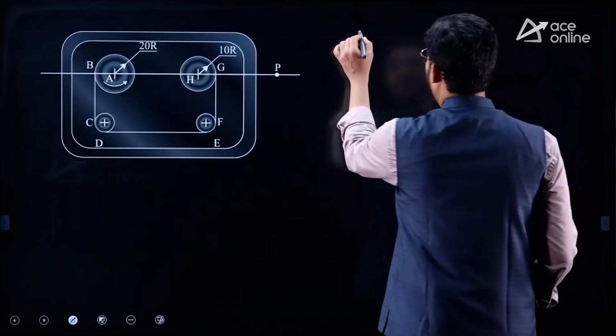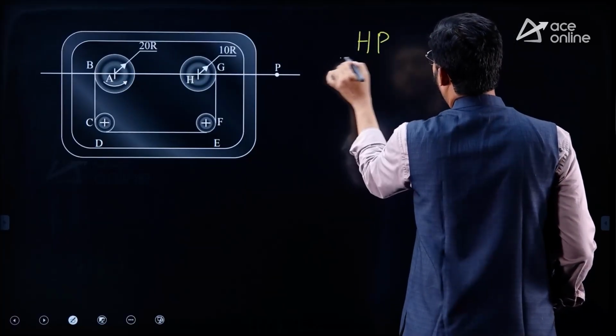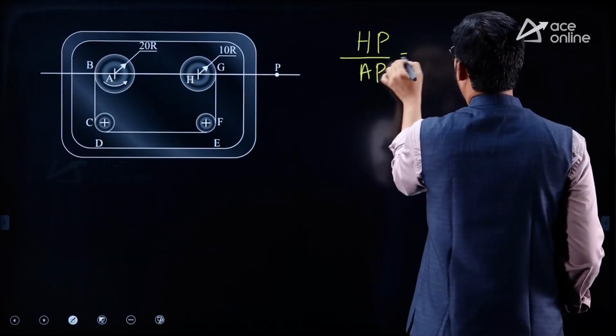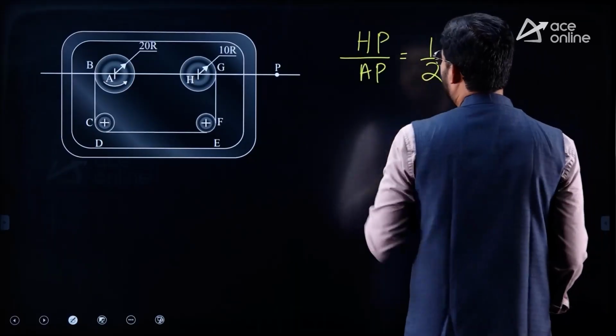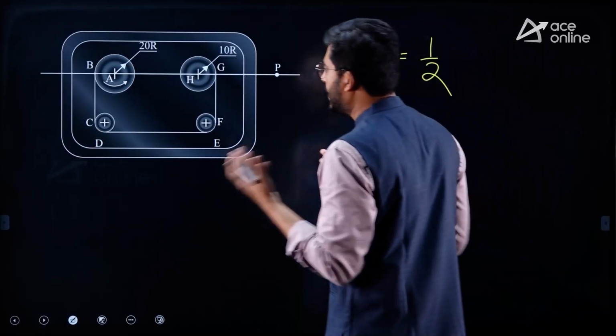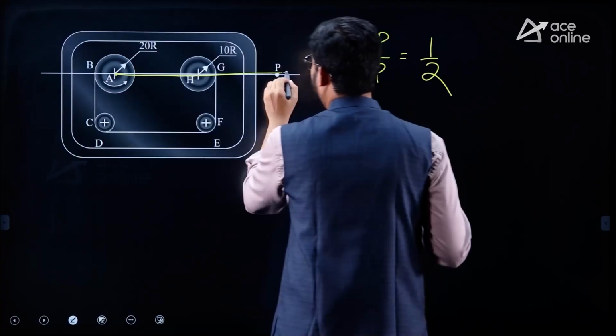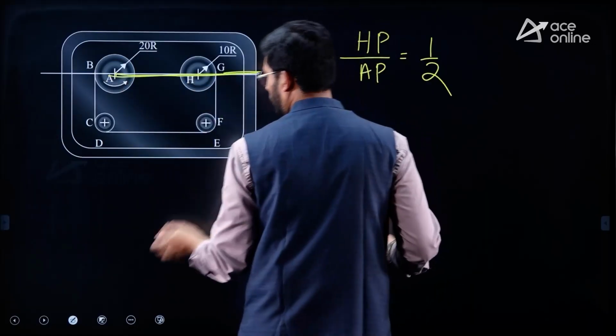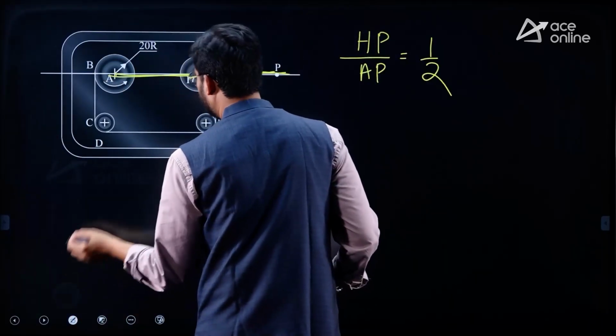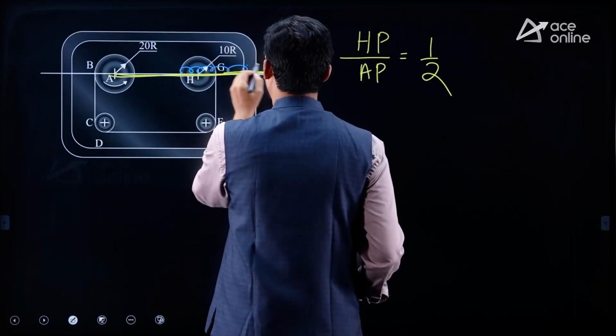We got the condition as HP by AP is equal to 1 by 2, which means AP has to be greater than HP. This is AP, and HP is this portion of the length.